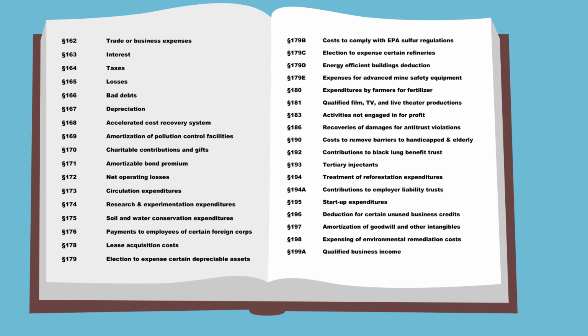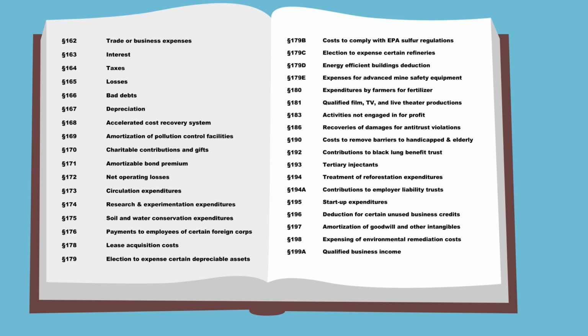The next handful of code sections basically catalogs the most common expenses your business may be able to deduct. As you see from this list of examples, the tax code gives you specific authority and the accompanying rules for deducting things like interest, taxes, business losses, bad debts, cost recovery of business assets that you'll use for more than 1 year, charitable contributions, research and experimental costs, the costs of starting up a new business, and many more.